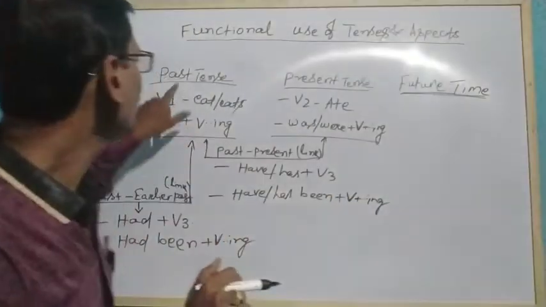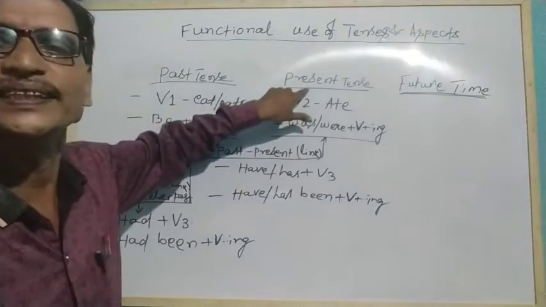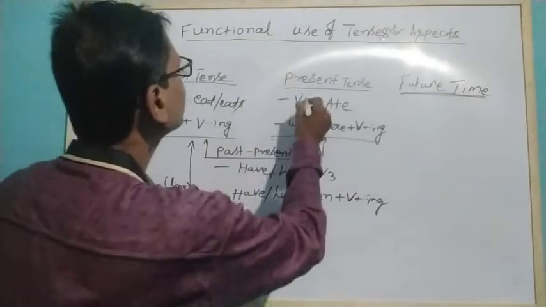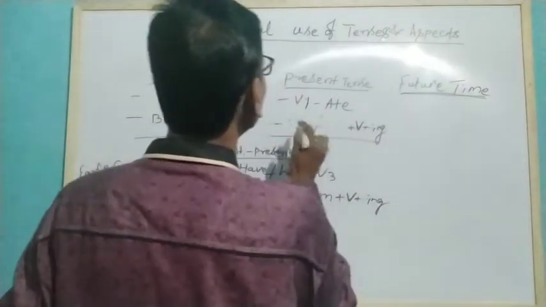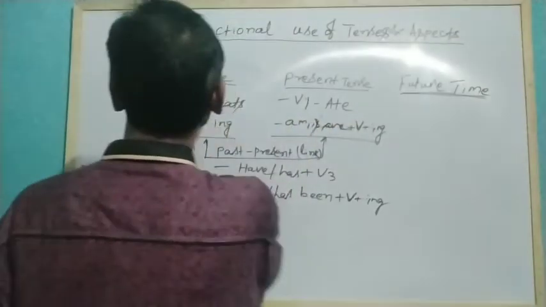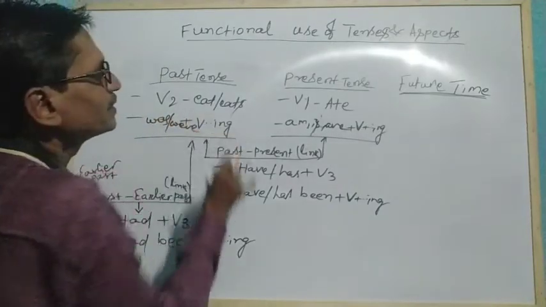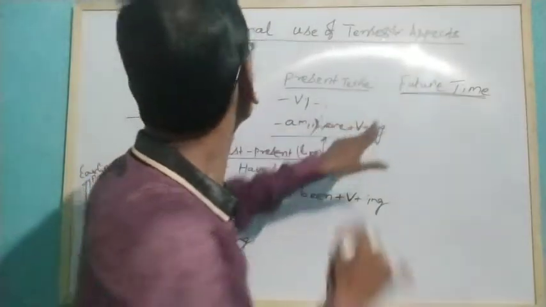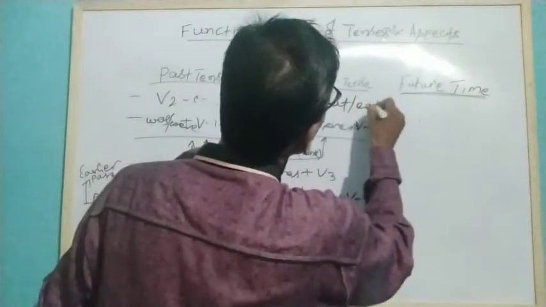Here you see, we discussed what we use for present tense. Present tense uses verb 1 and am, is, are plus ing. For verb 1, here are eat and eats.